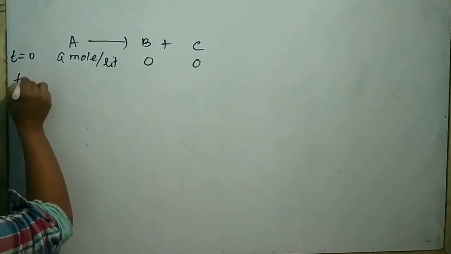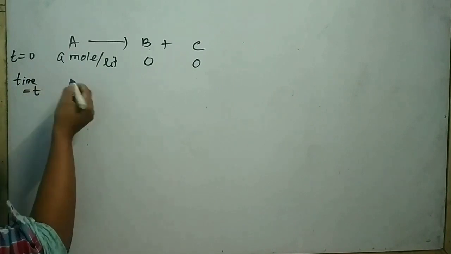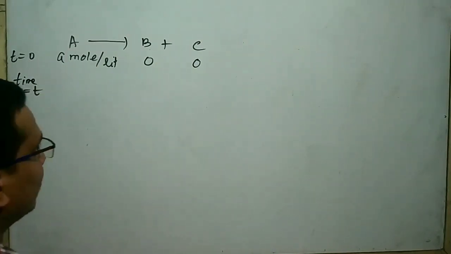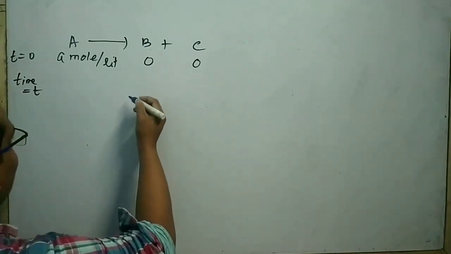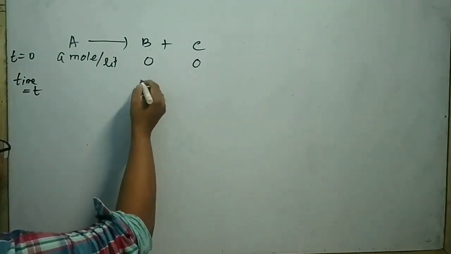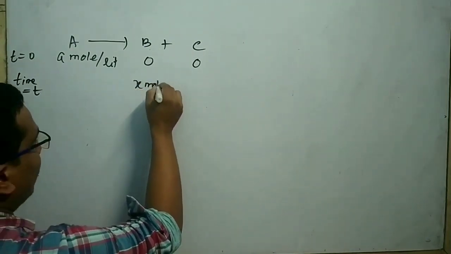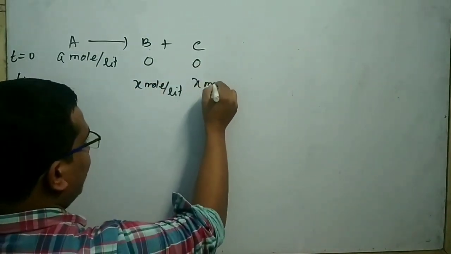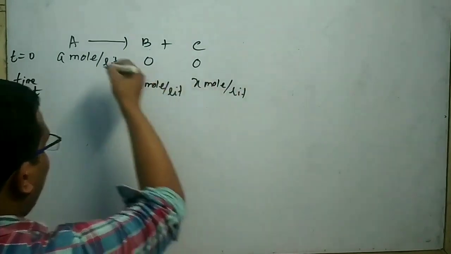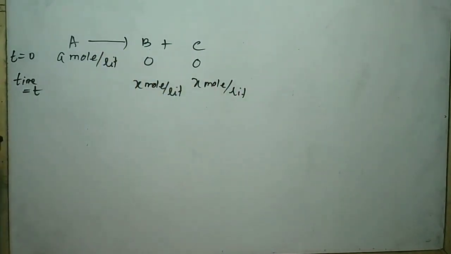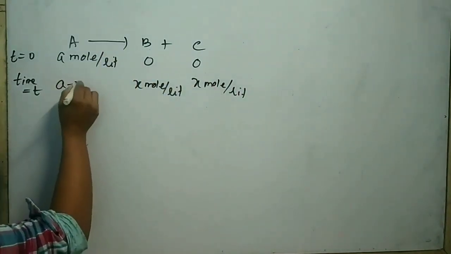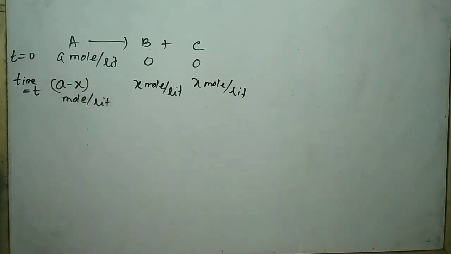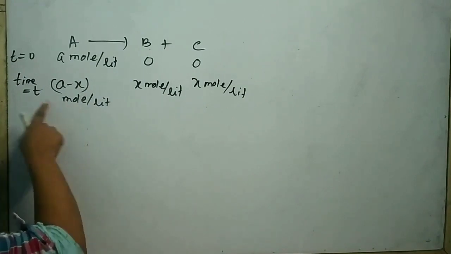Suppose after time t, x mole of A is converted into the product. So I can write at time t the concentration of B is x mole per liter and the concentration of C is x mole per liter, and A has concentration a minus x mole per liter. This is the concentration of A after time t.